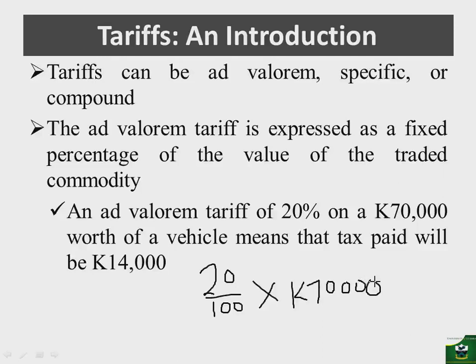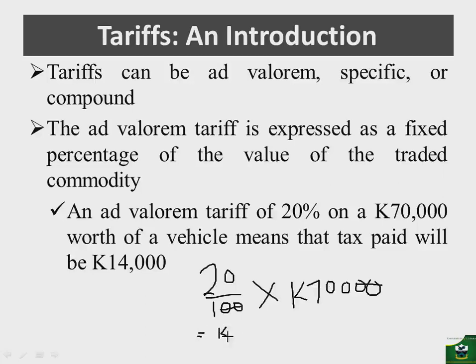Okay, so from here you'll see that if you cancel two zeros here, it means you cancel two zeros there, and if you multiply 20 times 700, you end up with 14,000.